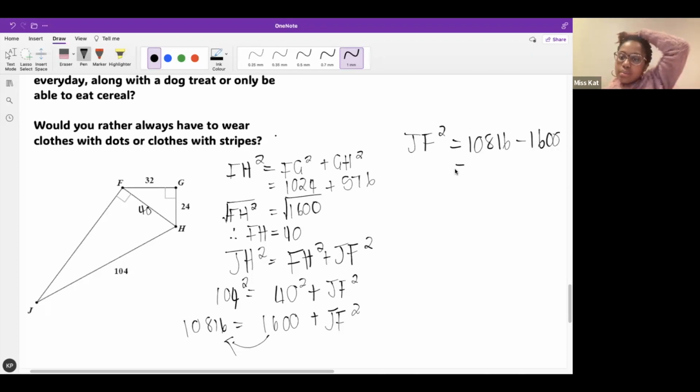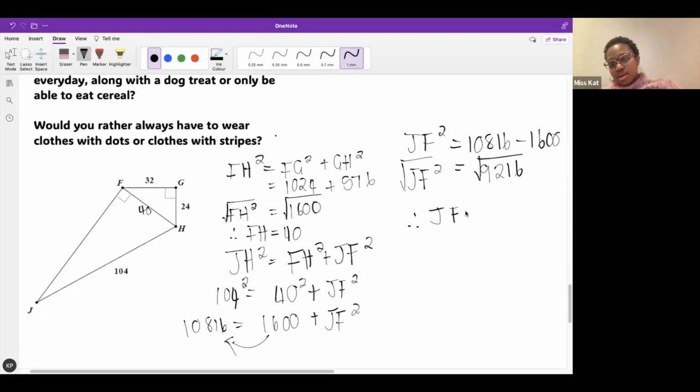How much is that? That'll be 9,216. Okay, then how do we get JF? You get JF by square rooting 9,216. It should be 96. Okay, therefore JF is how much? JF is 96. Beautiful. That was beautiful.